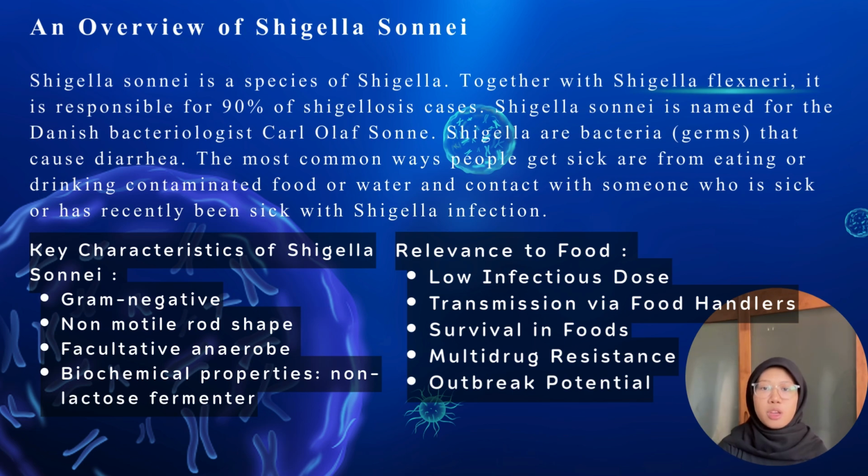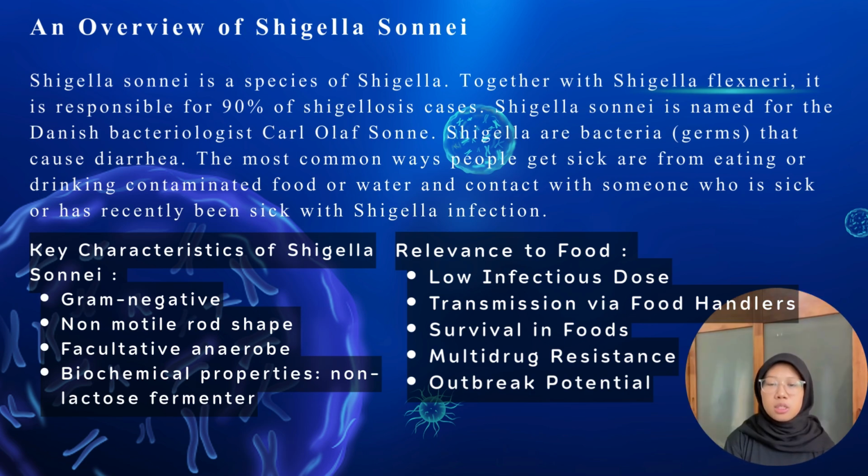Next, transmission via food handling. The primary route of food contamination is the fecal-oral route, often through infected food handlers with poor personal hygiene who touch food or preparation surfaces with contaminated hands. It is also about survival in food. Shigella sonnei is acid resistant and salt tolerant.